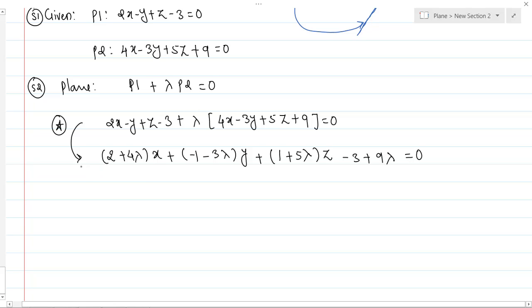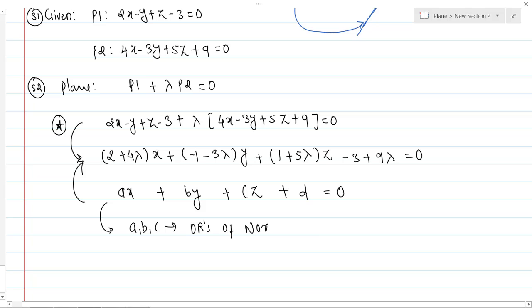Now if you compare this equation with our standard equation, which is ax plus by plus cz plus d equals to 0, in this equation A comma B comma C are nothing but the direction ratios of the normal to the plane.